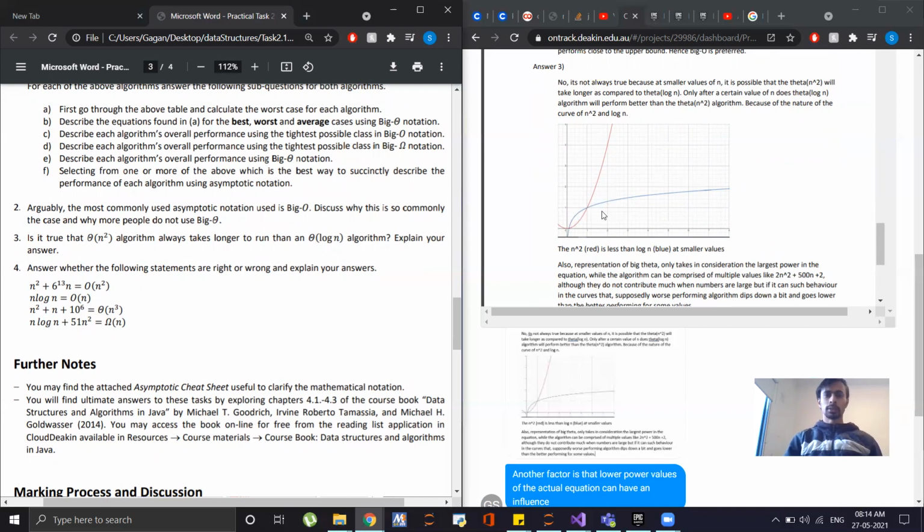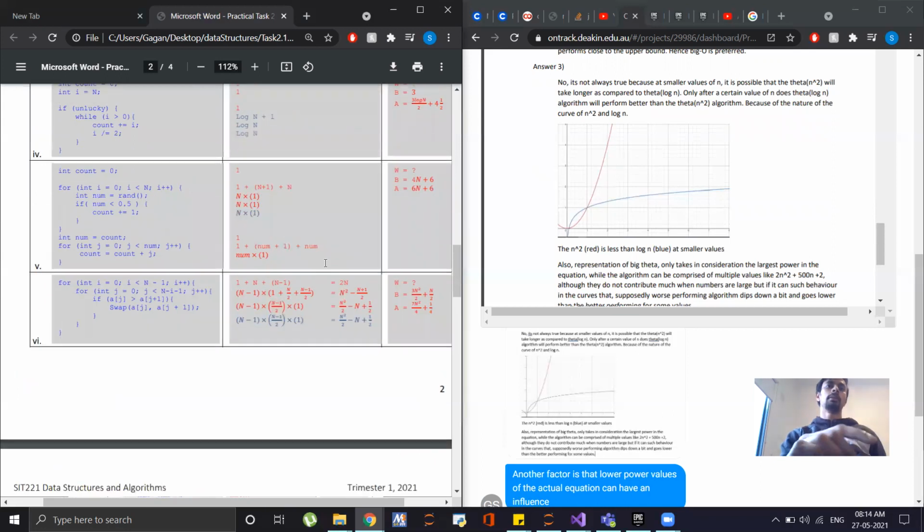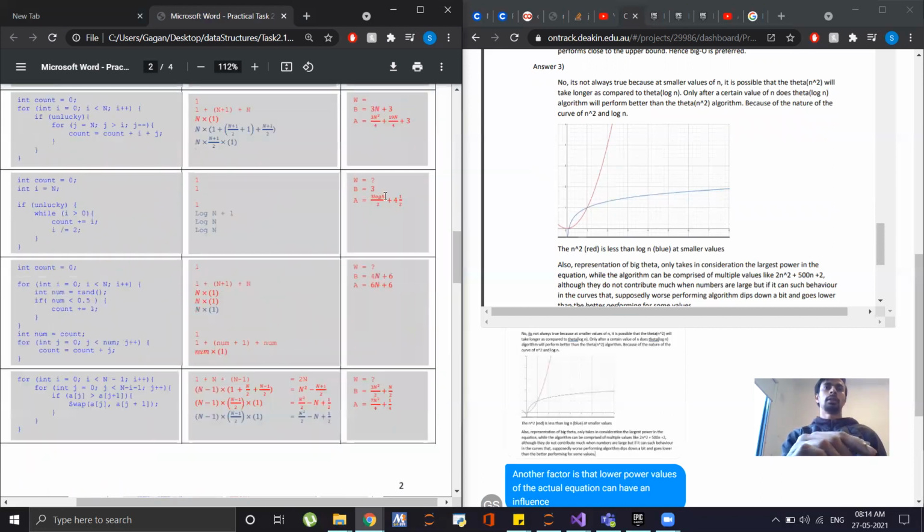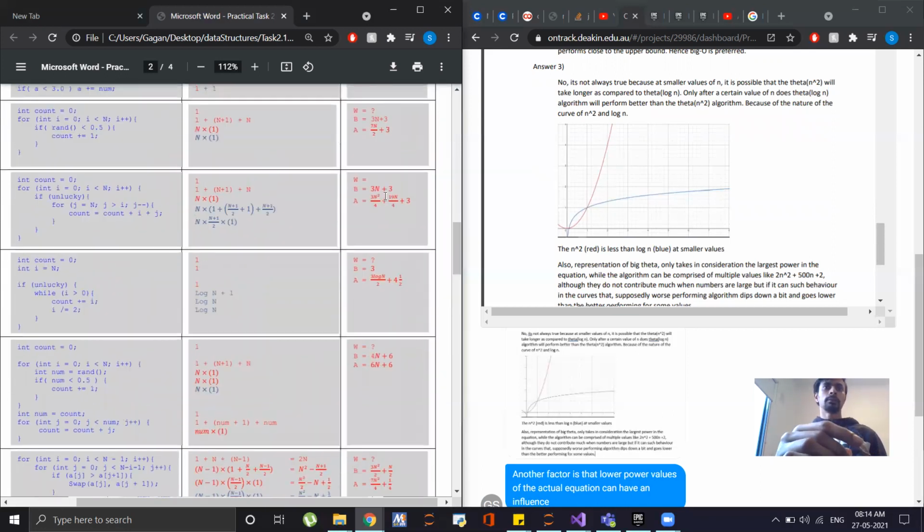So it's possible that the constant at the prefix of the maximum term, or every single term of the equation, will have an effect on the overall outcome.